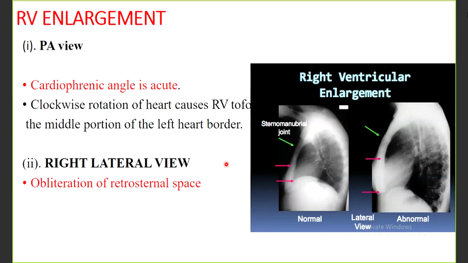But identification of right ventricular enlargement is always best done in the right lateral view. In that, you can see that there is obliteration of the retrosternal space, and as the right ventricle becomes more and more enlarged, the height of this obliterated retrosternal space becomes more and more, and the shadow becomes more and more dense.